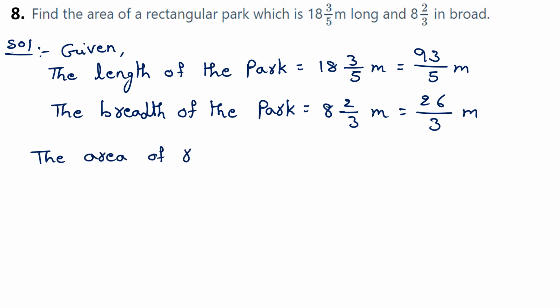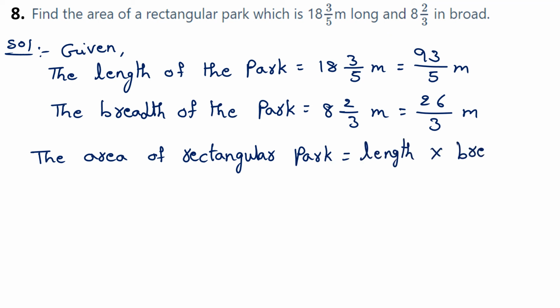So now therefore the area of the rectangular park is equal to length into breadth. What is the length given there? That is 93 by 5 into 26 by 3, that is the breadth.